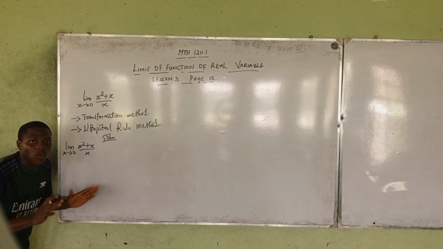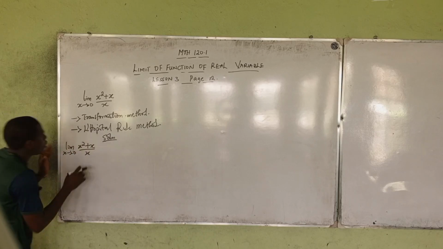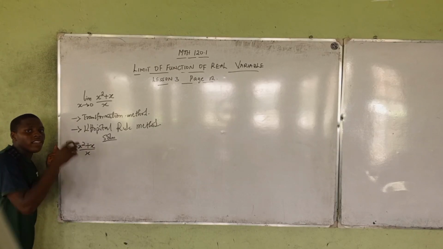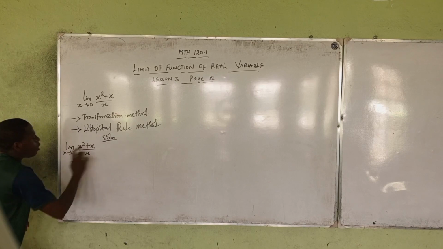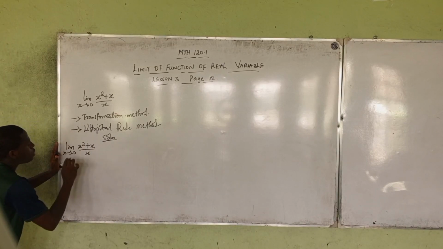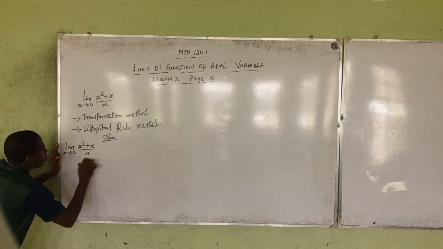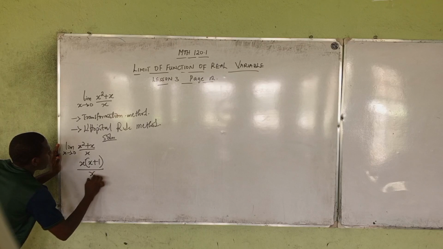Factorize your numerator so that you have a variable that is the same as your denominator. Factorizing our numerator, we simply have x bracket x plus 1, divided by x.